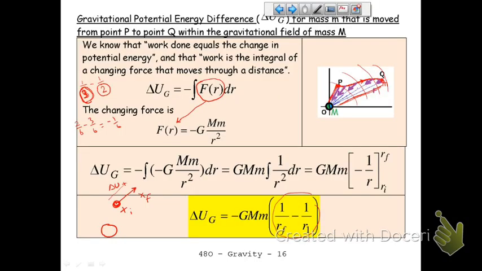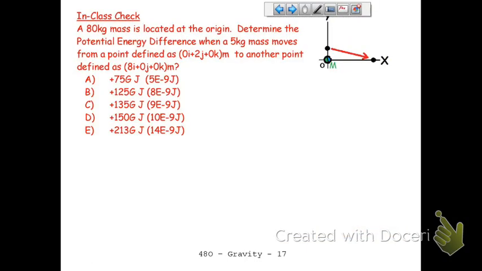Okay, so there's a take-home equation. An 80 kilogram mass is located at the origin, so there's my 80 kilogram mass. Determine the potential energy difference, which is the same as the change in potential energy. That's still delta UG.